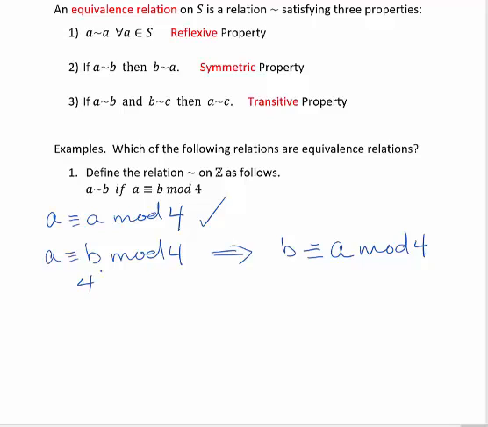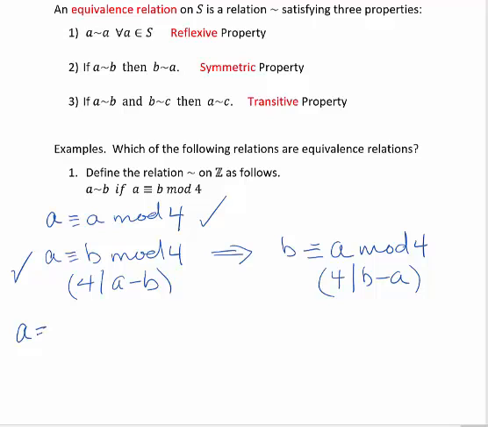Obviously 4 divides A minus B, so 4 divides B minus A. Remember, if A is congruent to B mod 4, 4 divides their difference. So we have the symmetric property.